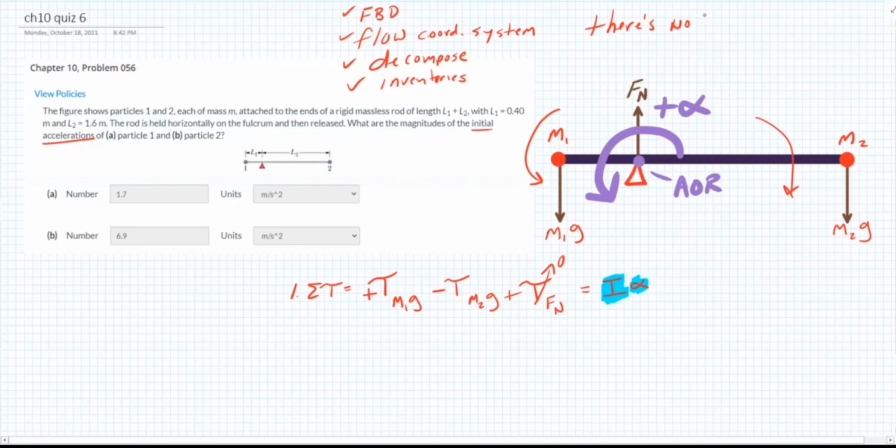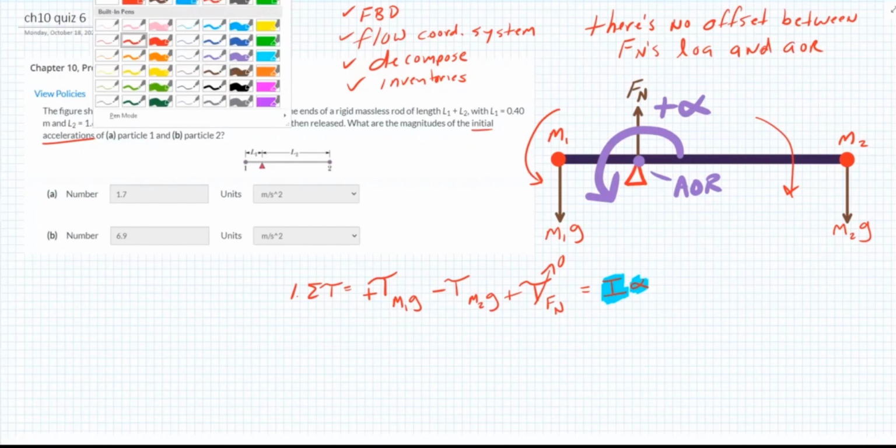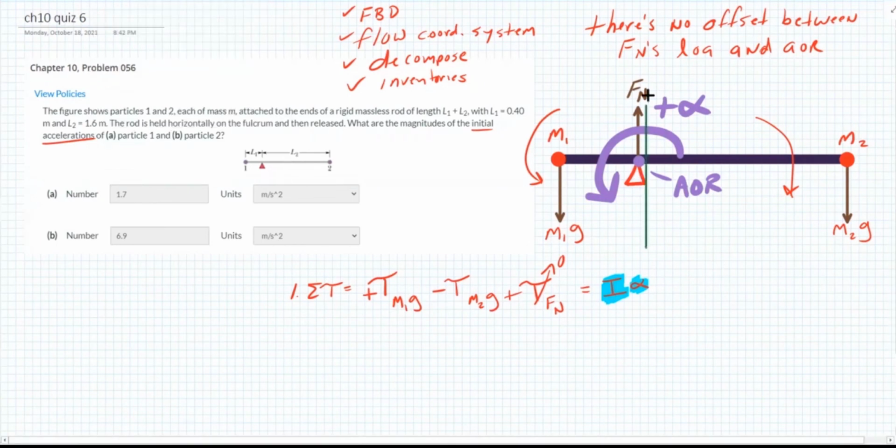There's no offset between Fn's line of action, LOA, and AOR. And just for completeness, this is the line of action I'm referring to for the normal force. Let me position that a little more carefully. That's probably okay.